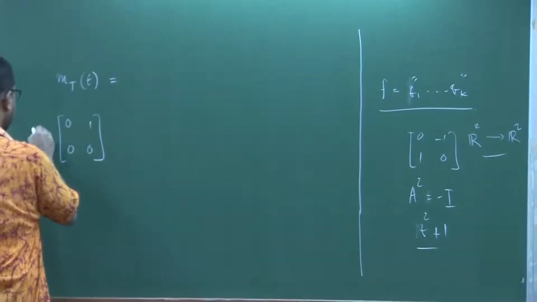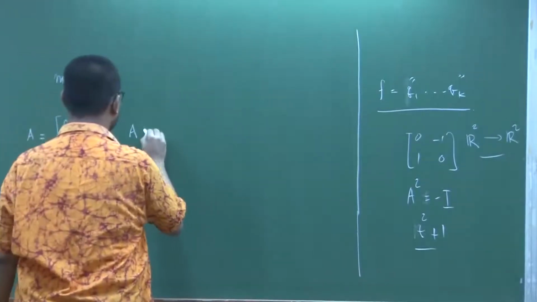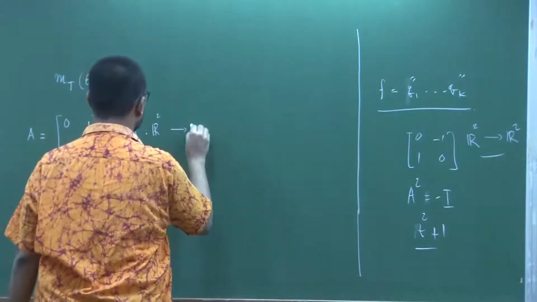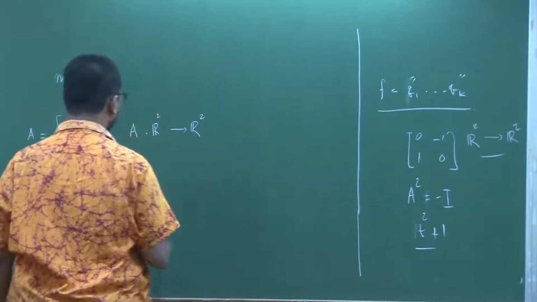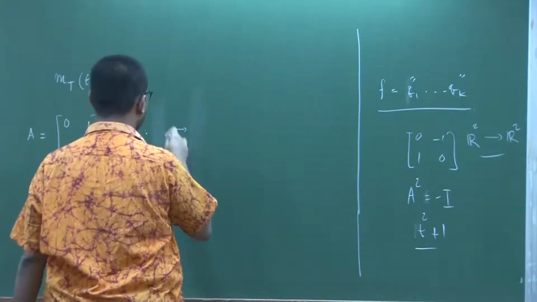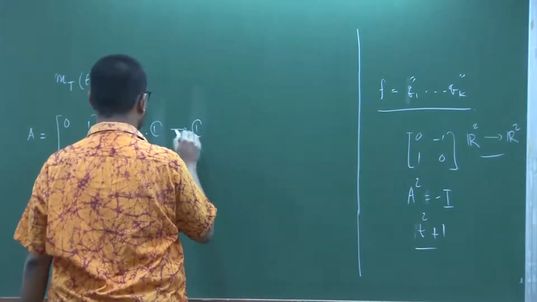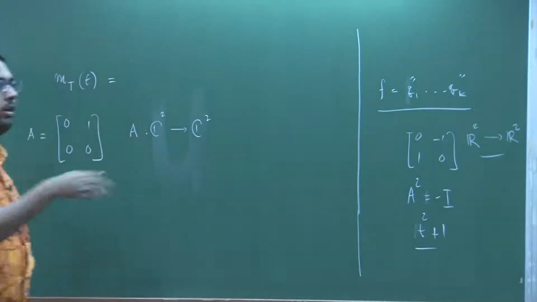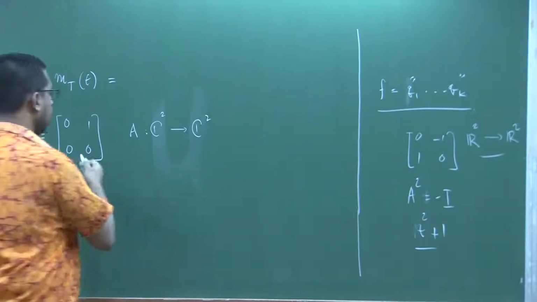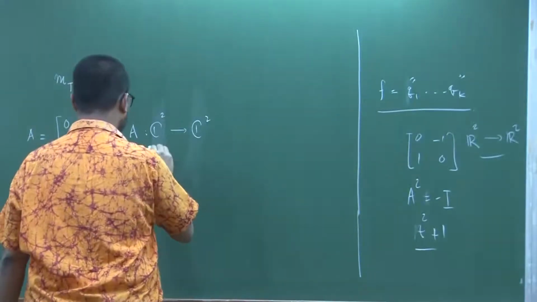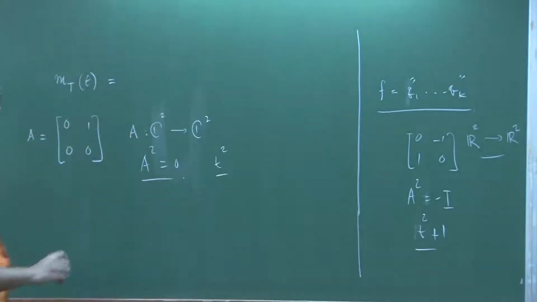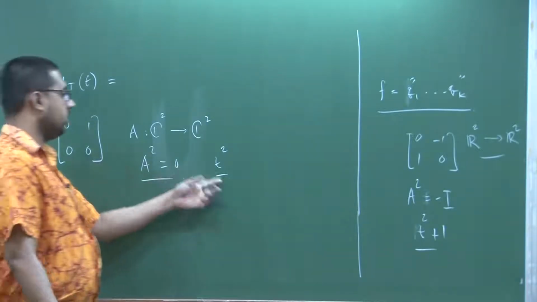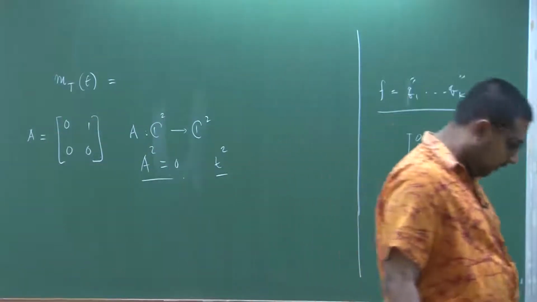If this is A, regard A as a linear operator from R2 to R2, or even regard this over C2, just to make sure that all irreducible factors are linear. Even then, over C, A squared is 0. So, therefore, this is the minimal polynomial of this linear operator. Certainly this is not diagonalizable.